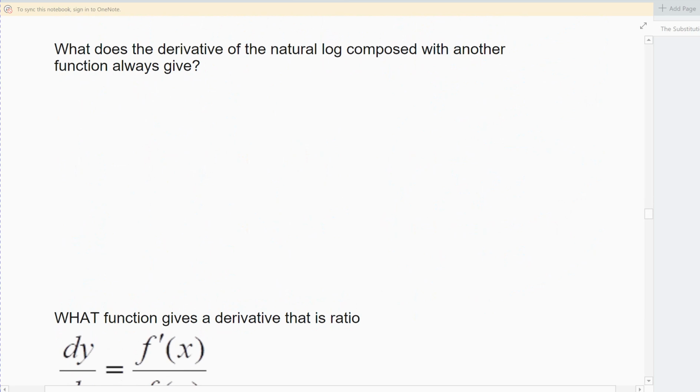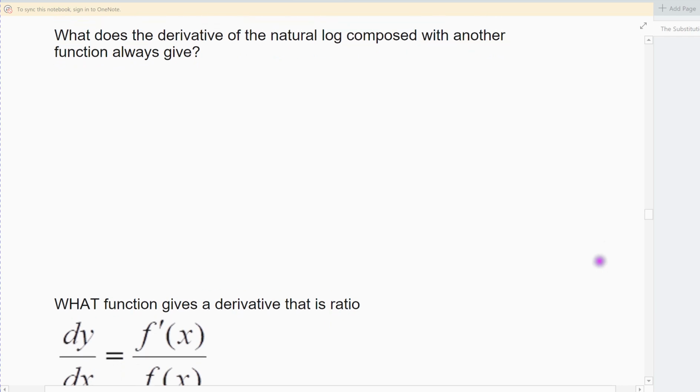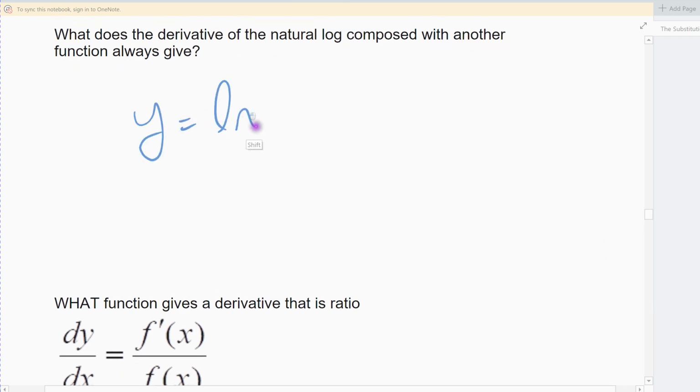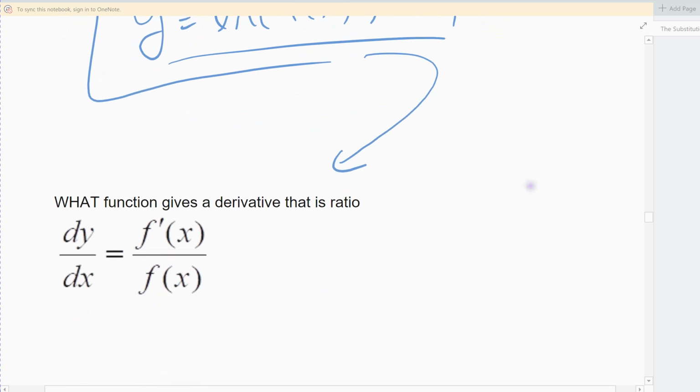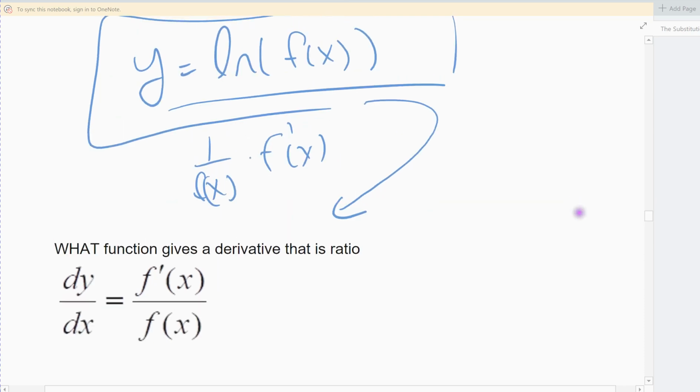All right, so my next question is, if I have a function that's a derivative of the natural log composed with another function? Well, if I've got my ln of some f of x, its derivative is always 1 over what's inside times the derivative of what's inside.